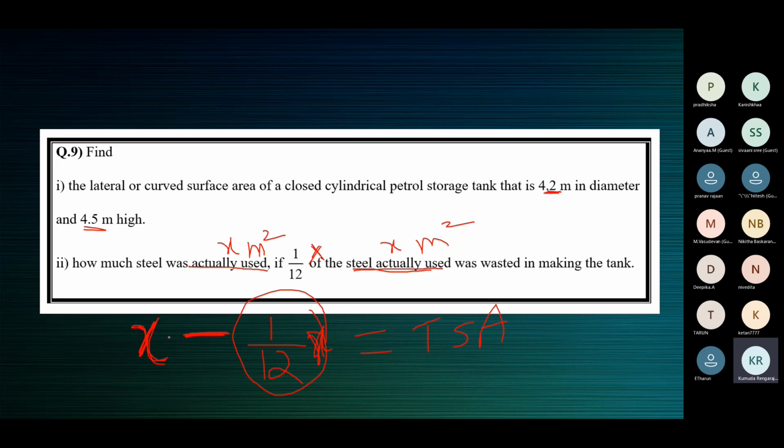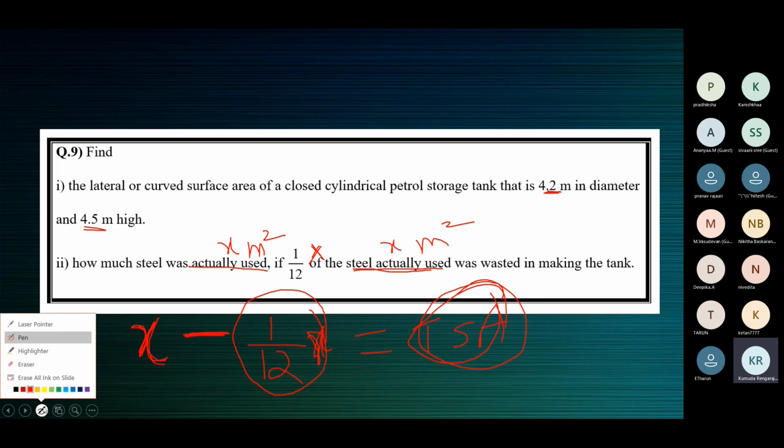So how much remains? X minus 1/12 of X remains. And where is that? That remaining steel which is used is now present in the TSA of the tank. So X minus 1/12 of X is equal to TSA is the equation. When you work this, you will get the value of X, which is the amount of steel actually purchased or actually used.